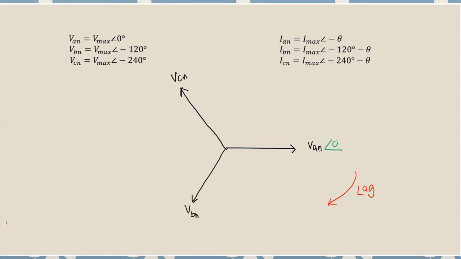It's 0 degree, so that's why this is a reference. Then that is negative 120 for VBN, and then for VCN, from 0, that is 240 degree.